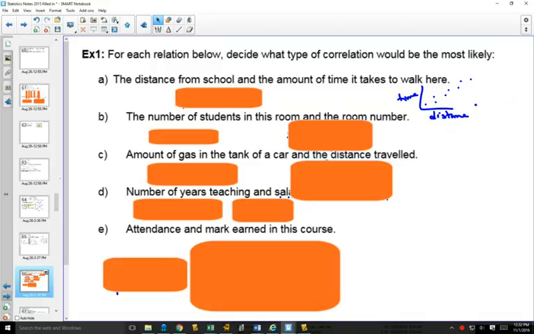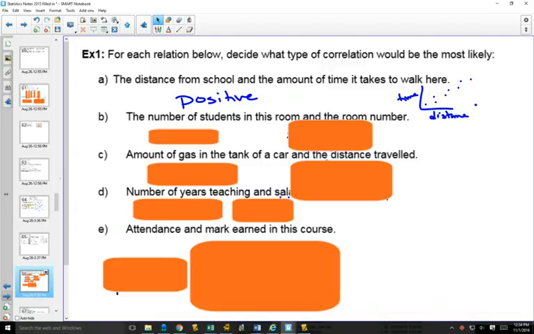Draw out a scatter plot and then determine what is that. That would be a positive correlation. So think about the other ones. Draw your graphs, and then we'll go over them.